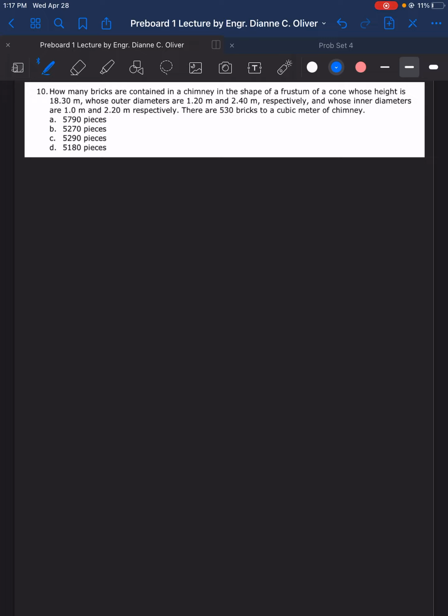There are 530 bricks to a cubic meter of chimney. So letter A, 5,790 pieces. B, 5,270 pieces. C, 5,290 pieces. Or D, 5,180 pieces.